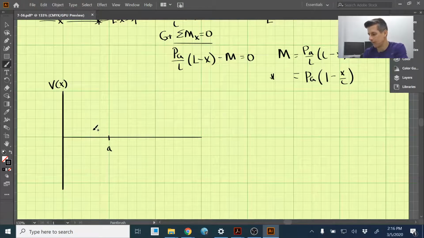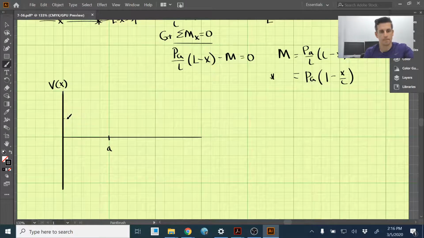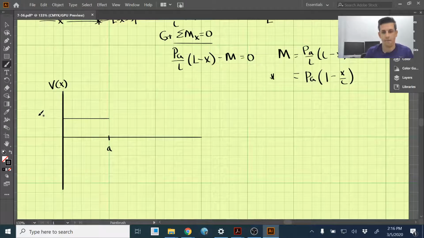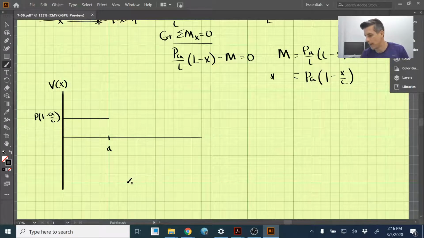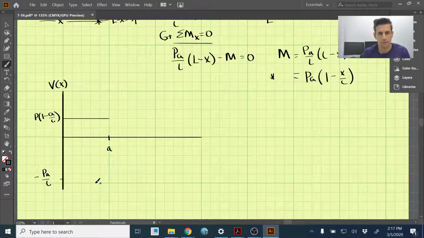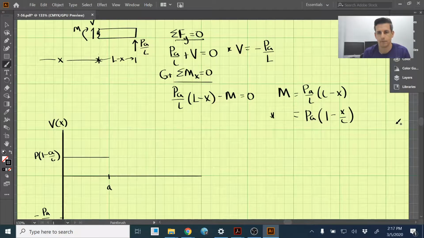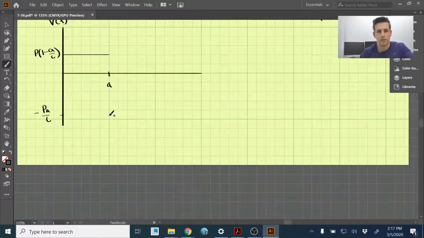From 0 to A, we figured out that V is a constant, and that value is P times 1 minus A over L. Then from A to the end of the beam, we have a shear of negative PA over L. So that's this value that we found right here, negative PA over L, to the end of the beam.